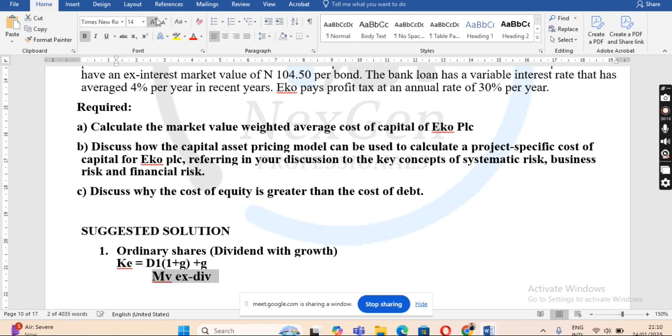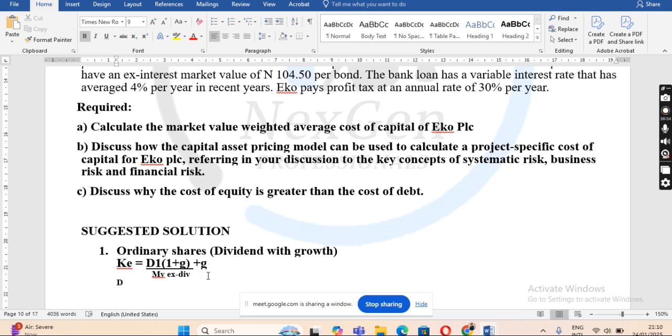Now, if that is established, now, our D1, don't forget, D1 means the current dividend, right? D1 means what? Current what? Current dividend, right? Is that not so? D1 means current dividend.